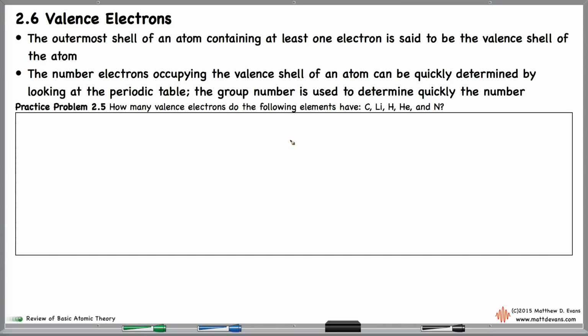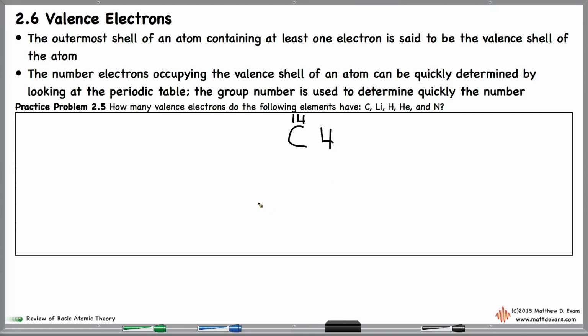So let's do carbon. If the question is how many valence electrons does carbon have, I'm looking at the periodic table, at the group, and I can tell you that carbon's group is 14 in the newest system, the IUPAC system. If the number is greater than 10, to figure out the valence electrons, you have to subtract 10, which quickly means that there are 4 valence electrons for carbon. You can verify this for yourself by doing the electron configuration for carbon.